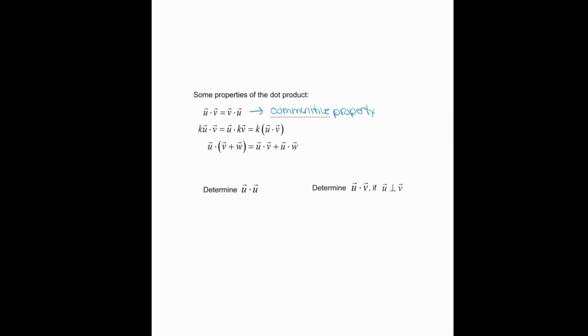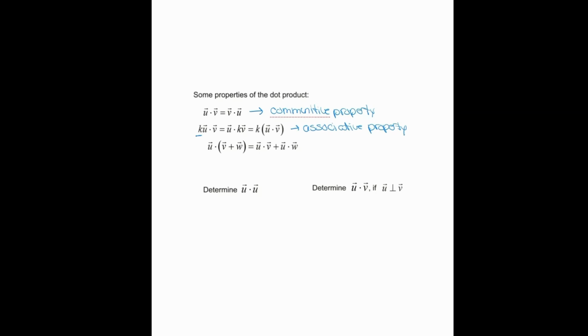The second one that we have here says if I have some scalar, k, times vector u, and I dot that to vector v, well, that's going to be equal to vector u by itself, dot now k times vector v, and that whole thing can be equal to k times u dot v. This is what we call the associative property.